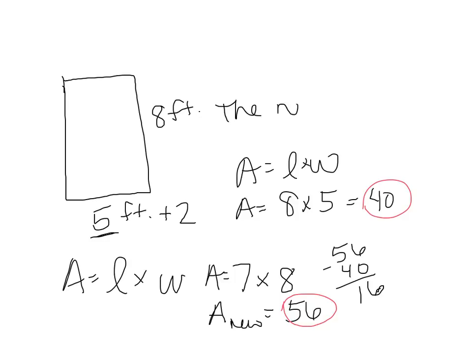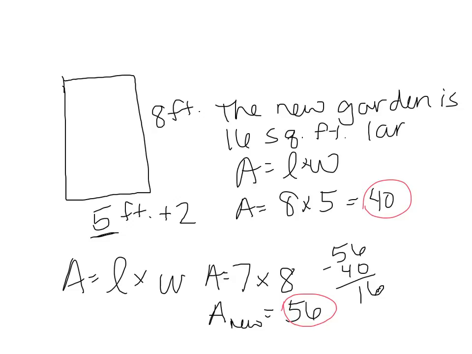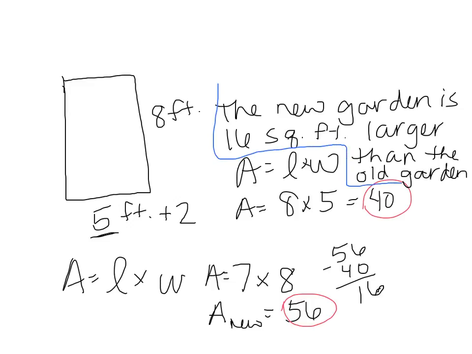The new garden is 16 square feet larger than the old garden. Sorry, I'm trying to fit it in here. I'll outline it in blue so you can see where our answer is.